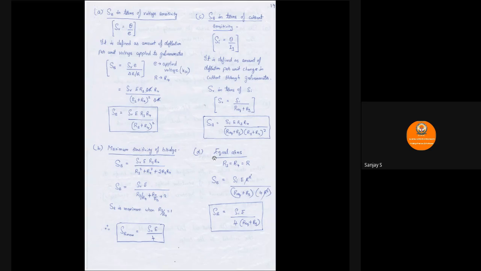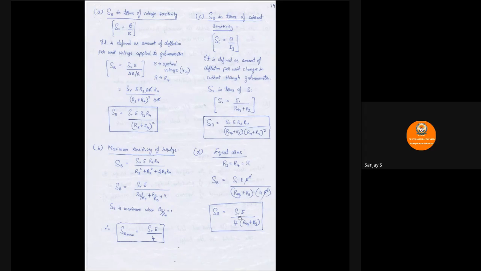And here also coming to the D, we are also checking for equal arms. If the arms are equal, R3 equal to R4 will be equal to R1 will be equal to R. Of course, here we have only R3, R4, that will be equal to capital R. So at that point of time, if that is substituted, you have SI into E into R square divided by (R equivalent plus RG) into 4R square. So R square gets cancelled out.